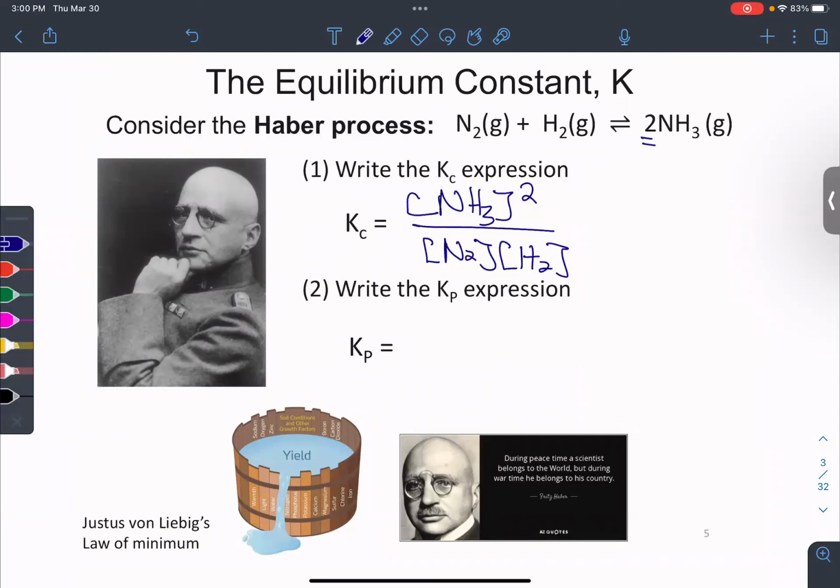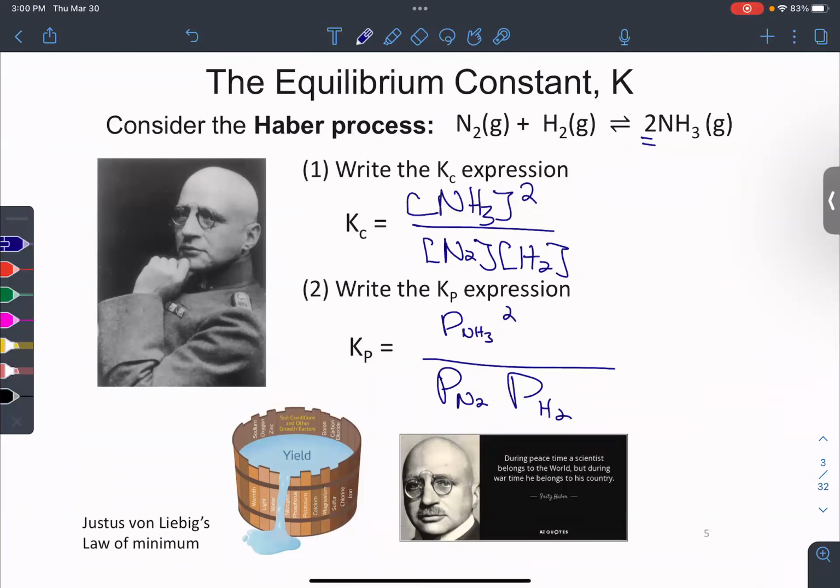All those gases can have concentration, moles per liter, right? Moles of gas per volume of gas. All right. So what about the Kp expression? How is that different? Is it any different? Not really. It's just that we need to be working in pressures instead. So to make it clear that we're using pressures, I'm going to say the partial pressure of NH3 squared is in the numerator, and then the denominator is the pressure of N2 times the pressure of H2.